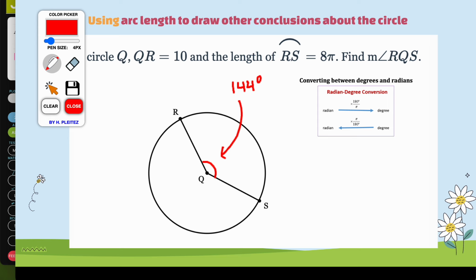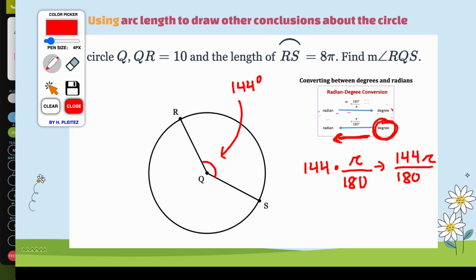But to go from radians to degrees, you have to multiply your value by 180 over pi. We have to go from degrees to radians. So what you have to do is you take your degree measurement and you multiply it by pi over 180. So we're going to take 144 and we are multiplying it by pi over 180. And if we do that, we get 144 pi over 180.